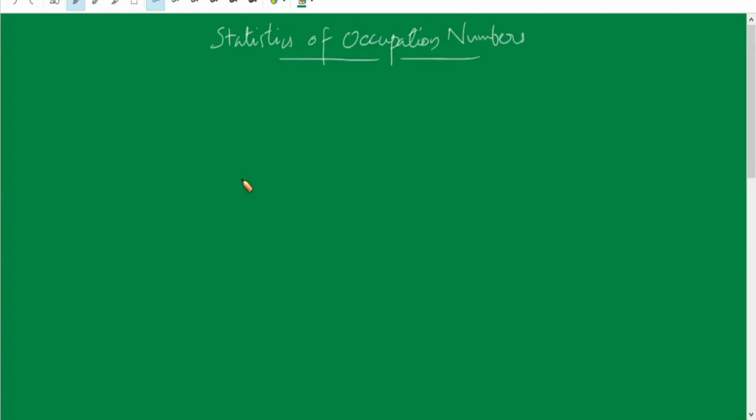Hello, today let us see what are the differences between mean occupation numbers in Bose-Einstein, Fermi-Dirac and Maxwell-Boltzmann cases.